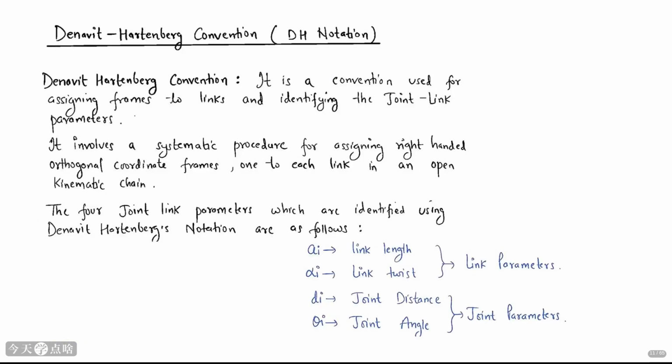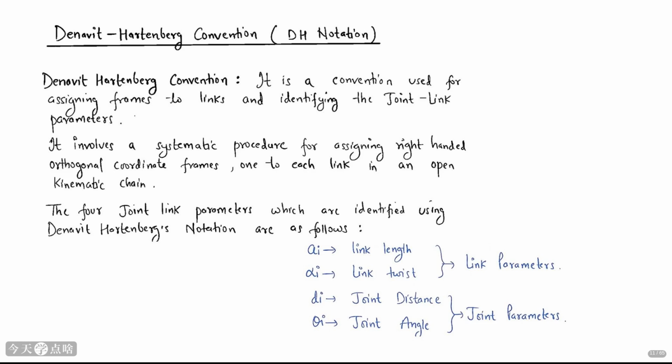Okay, now for the star of the show, the Denavit-Hartenberg convention, or DH convention. This is a powerful, systematic method for assigning coordinate frames to each link of a robot and identifying the four key parameters that define the relationship between adjacent frames. It's like a recipe for building the mathematical model of the robot.